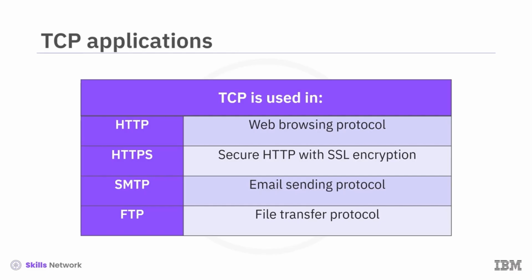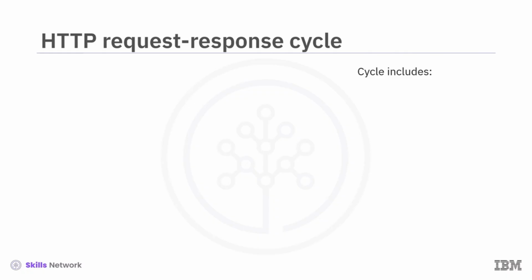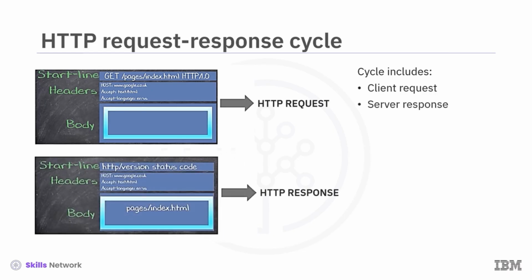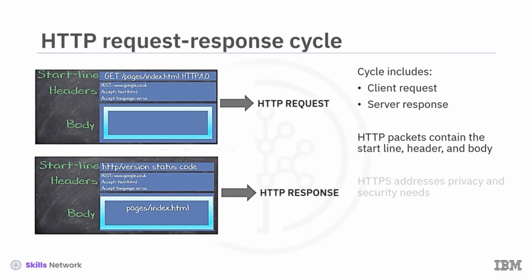Let's discuss it. HTTP works on a request-response cycle. First, the client requests a web page, and then the server returns that page as a response, completing the cycle. The HTTP packet comprises three blocks: the start line, the header, and the body. However, as a cybersecurity analyst, knowing that the HTTP protocol is not secure is essential.